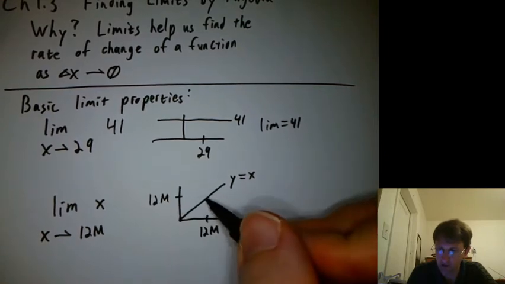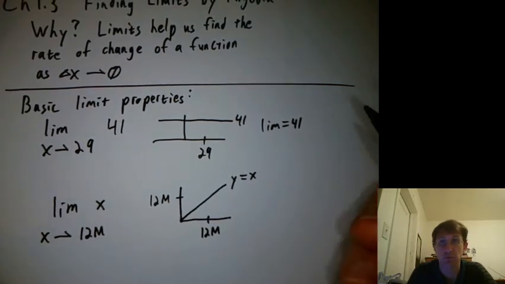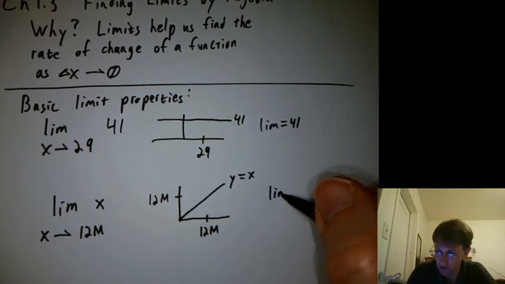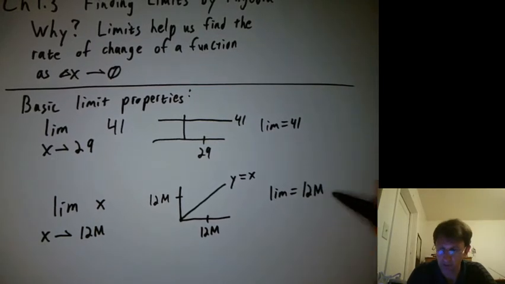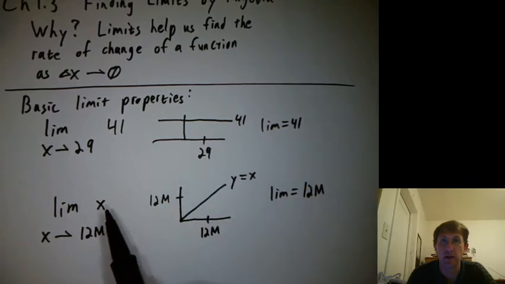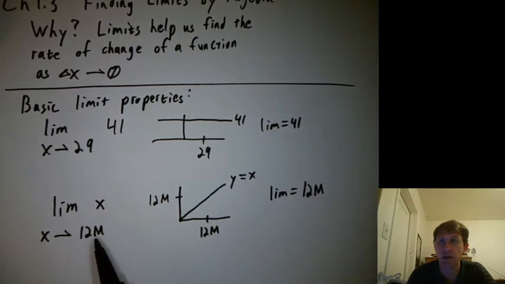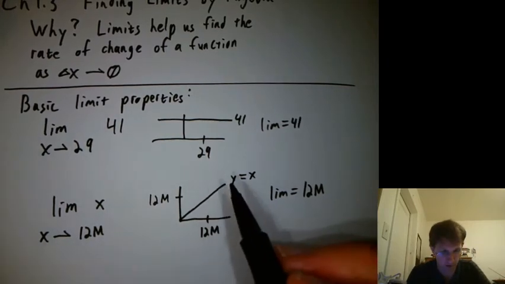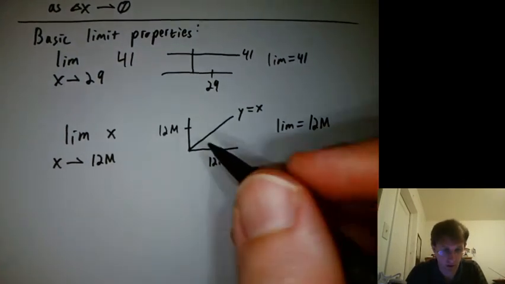Would you say the y values also approach 12 million itself? I would. So that limit is equal to 12 million. So the limit of a constant is that constant. The limit of x as x approaches something is whatever value x approaches, but thinking of it as a y value.